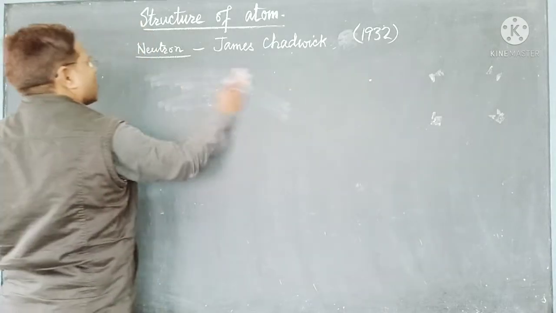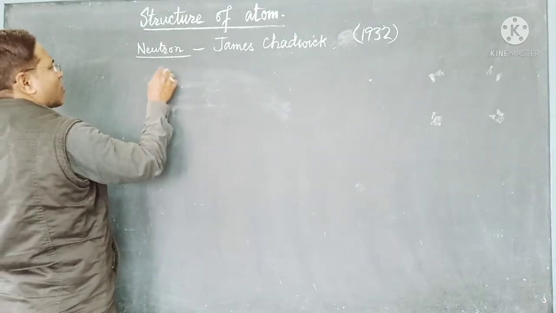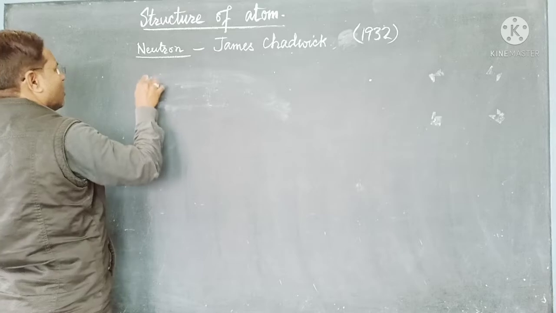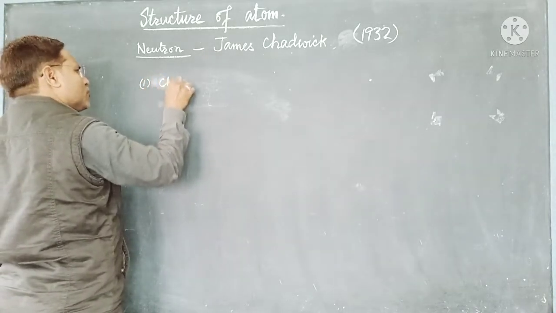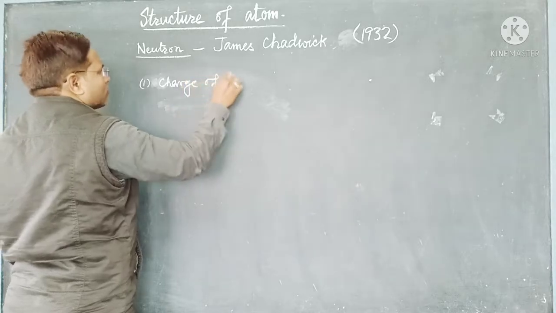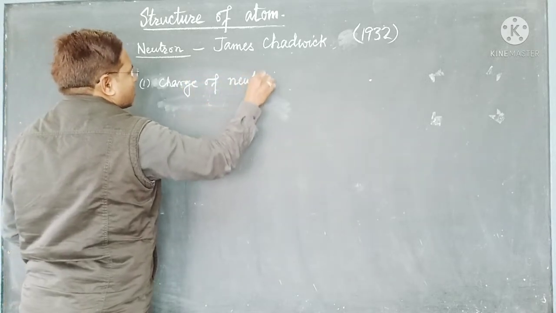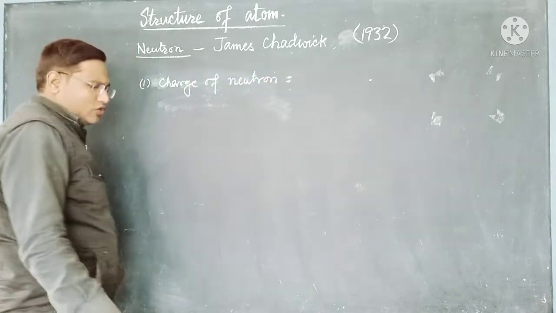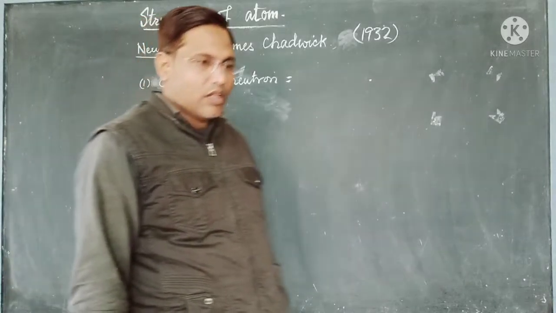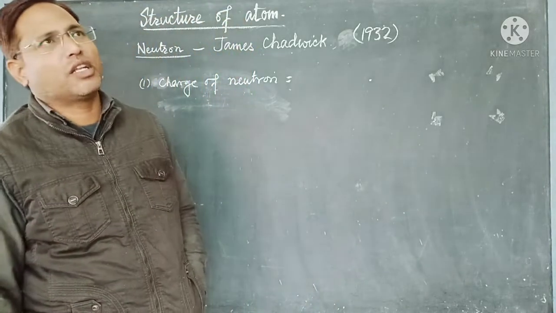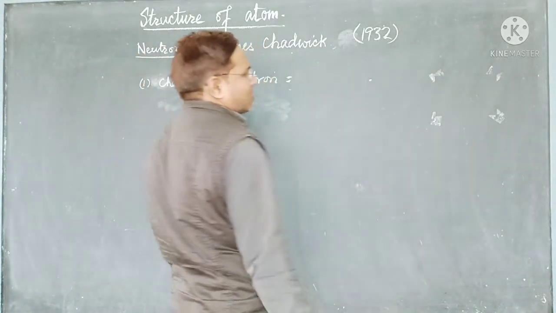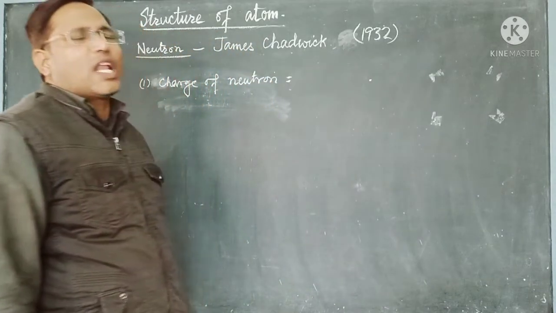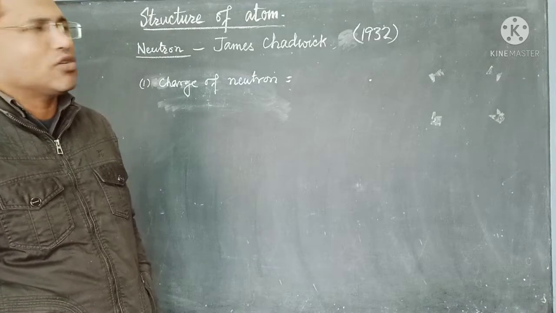Next, we have the properties or characteristics of neutron. First, we will see the charge of neutron. As we know, an atom as a whole is neutral, and there are as many electrons as protons. So the total overall charge is 0.